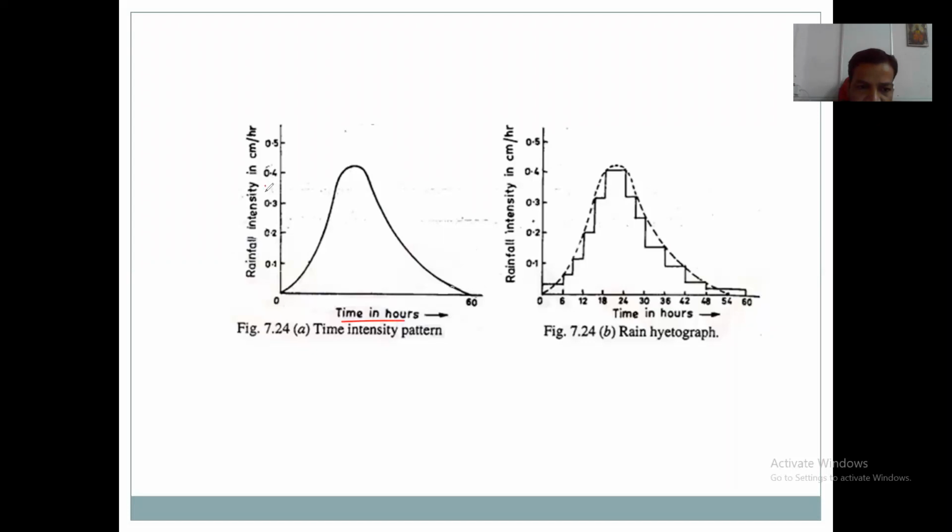On y-axis, rainfall intensity is shown, measured in centimeter per hour. This is a time intensity pattern. The graph is plotted. See this, initially it is 0. It is increasing. See this again, it is decreasing.